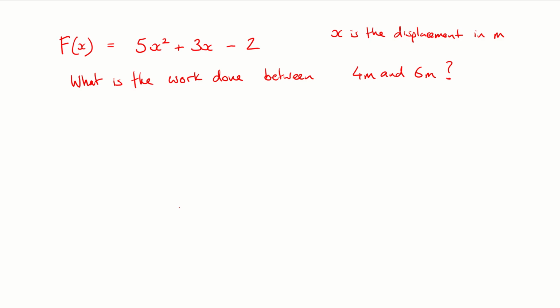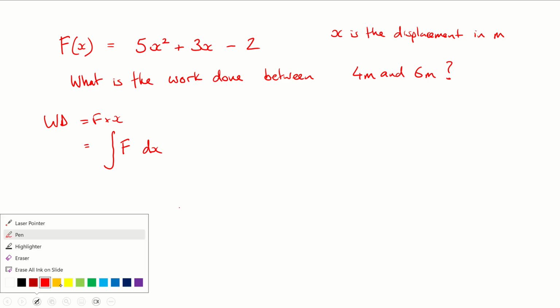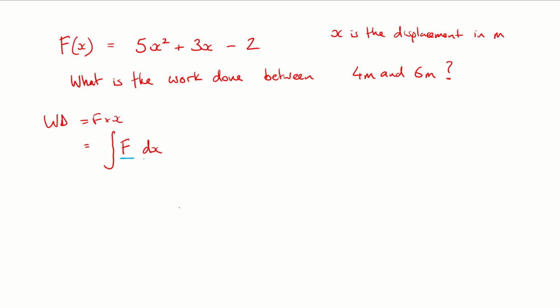Well, again, we know work done is force times distance, but only when the force is a constant force. Because we've got a variable force, what we end up having to do is integrate f with respect to x. If I integrated f with respect to x, the notation is a bit like saying f times x. So it's similar to that idea.